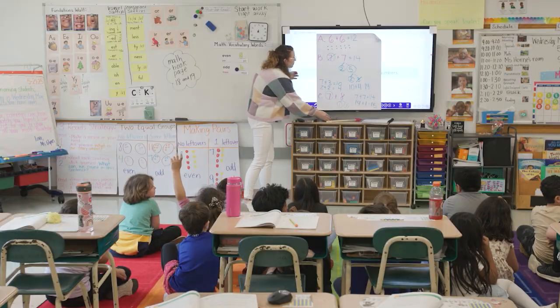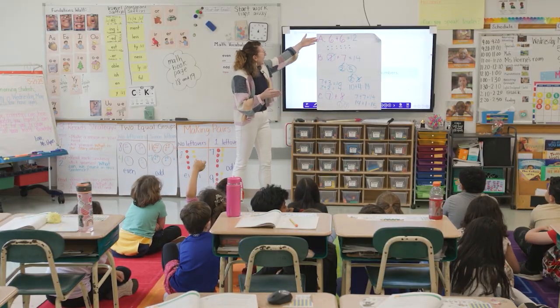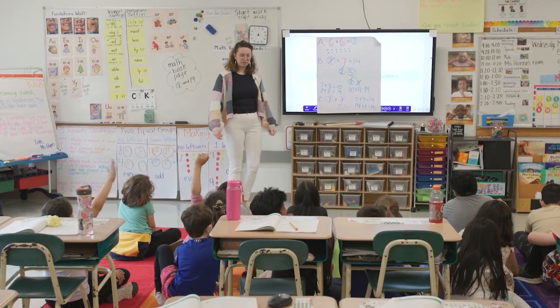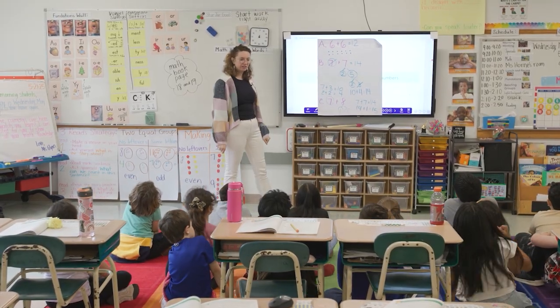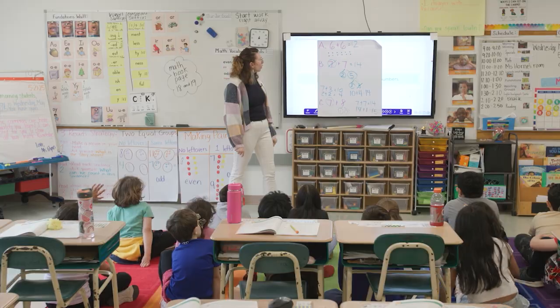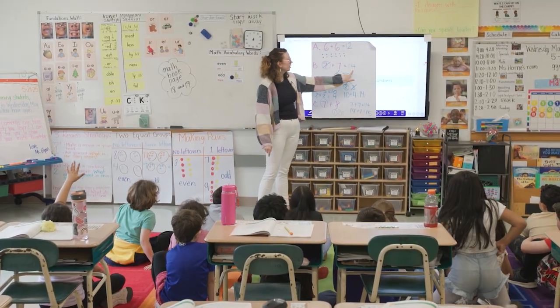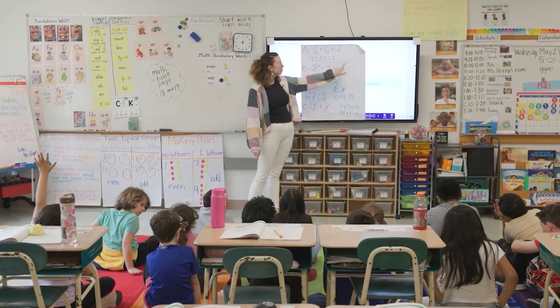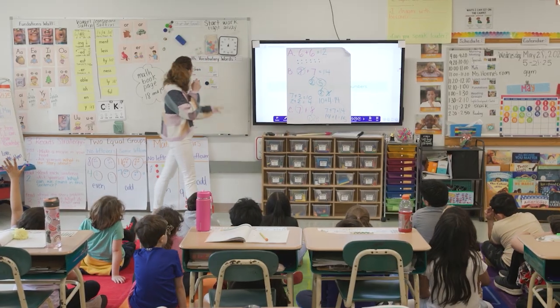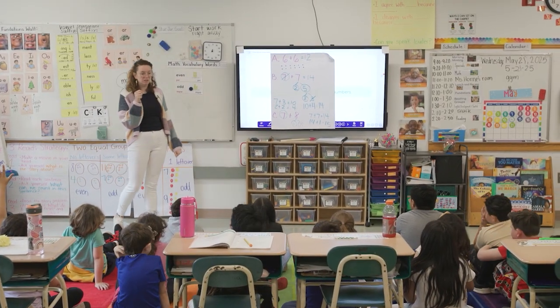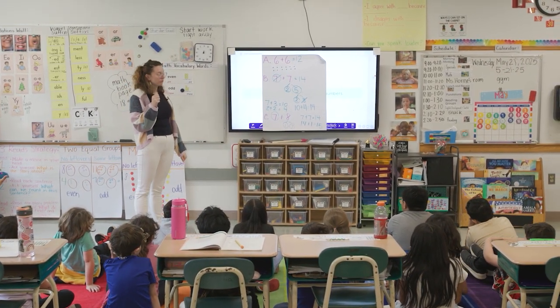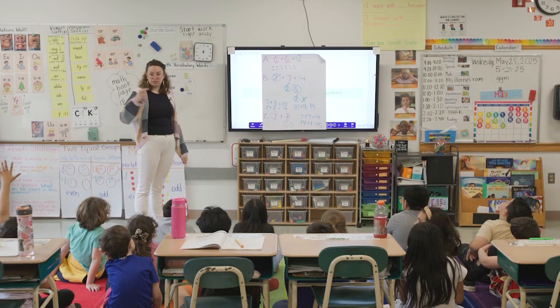Good job. Does anybody see how A and B are similar? Lewis? They both equal even. Oh, okay, so you're looking at the total and they both equal an even number. Love how you're using a word from our vocabulary wall. What else do we notice about A and B of how they're similar?